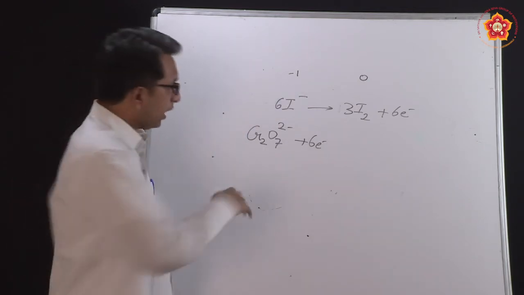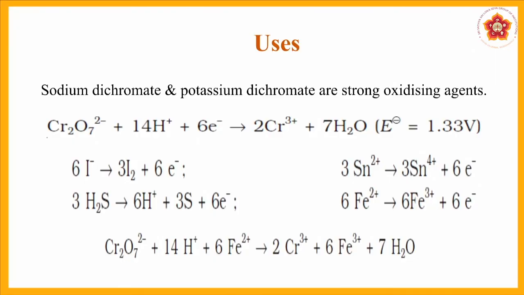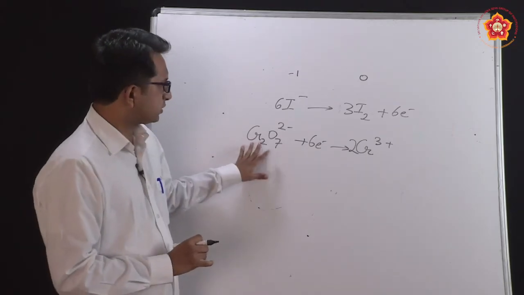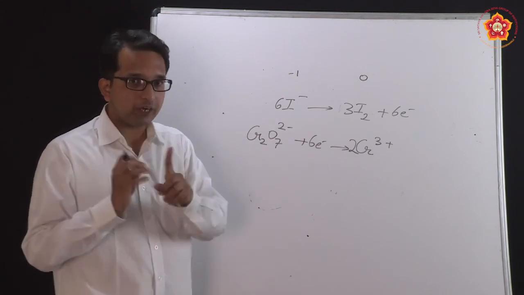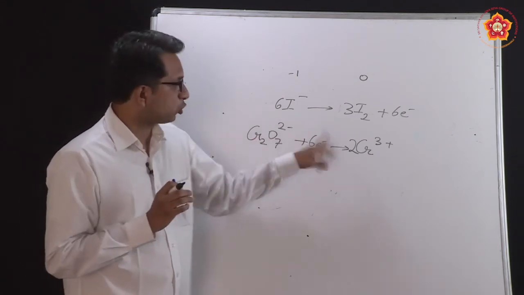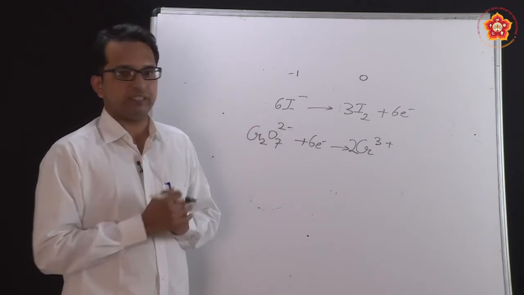And what does it form? It tends to form Cr3+, and since there are 2 chromium atoms here, we take it as 2 Cr3+. Overall, the system has changed from +6 to +3 state for 1 chromium atom, but because 2 chromium atoms are there, it changes into 2 Cr3+.